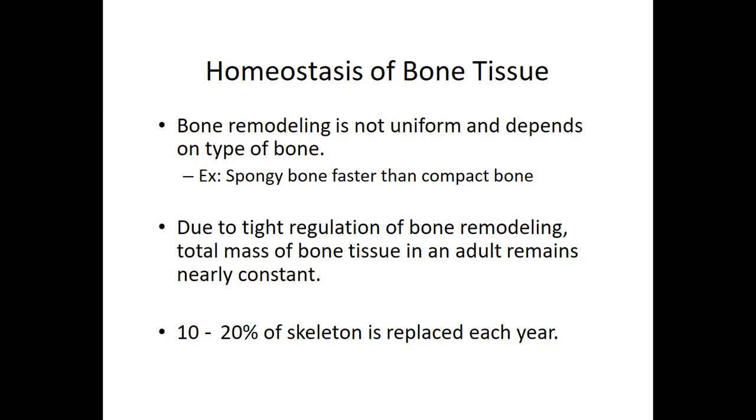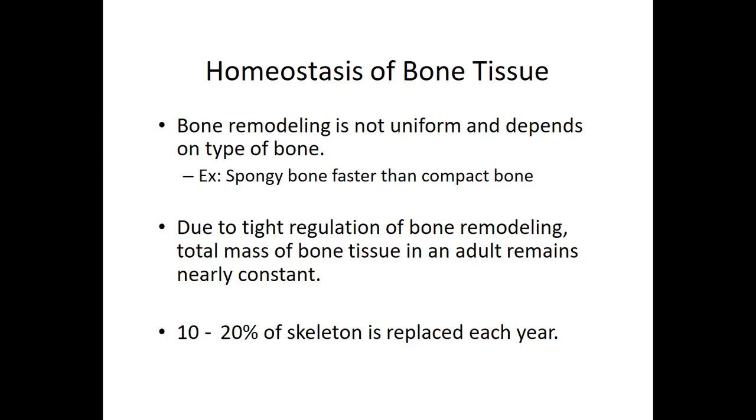After you finish growing, so after you finish getting taller and your growth plates have closed, because of homeostasis and your body trying to maintain balance, your total bone mass, the mass of all of your bone tissue throughout your body, remains roughly constant and consistent throughout the remainder of your adult life, unless something changes along the way later on in life.